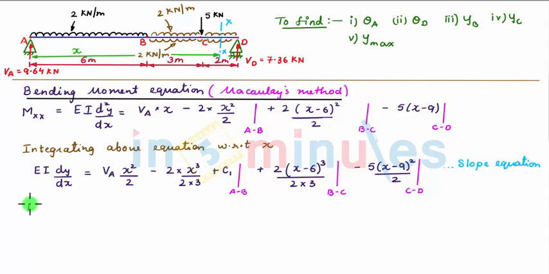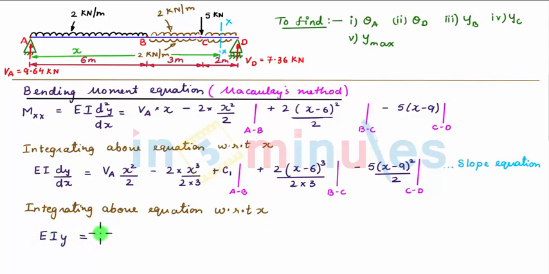Now integrating the above equation again with respect to x, we have this dy by dx term will become y, so we have EI into y is equal to VA into x cube by 2 into 3 minus 2 into x to the power 4 by 2 into 3 into 4 plus integration of constant C1 is C1x plus C2, where C2 is another constant of integration of this equation.